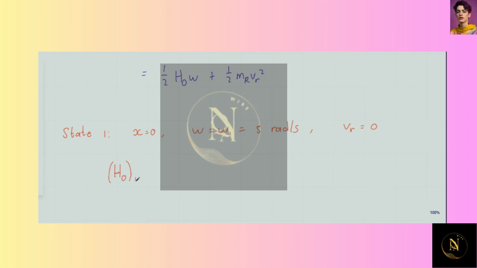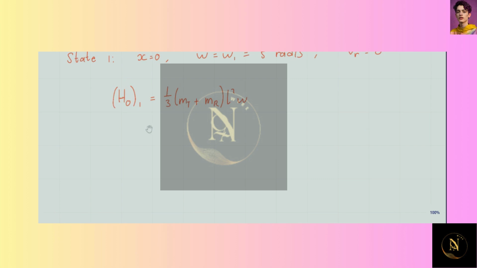So in this state, the angular momentum of the system about point O for state 1 is equal to 1 over 3 times the mass of the tube plus the mass of the rod, times L squared, times omega. Substituting our values, that's 1 over 3 times 6 plus 4, the mass of the tube plus the mass of the rod, times L squared, which is 0.8 meters squared, times omega, the angular frequency, which is 5 radians per second.